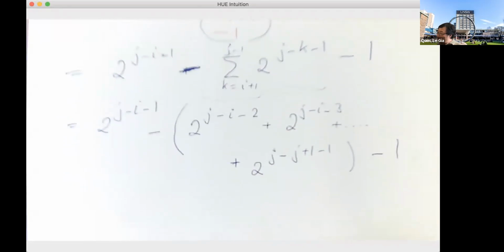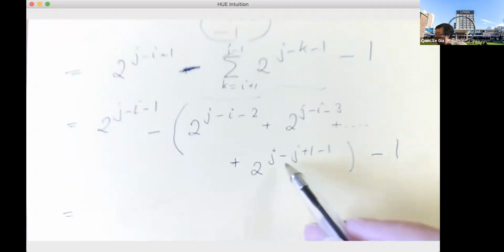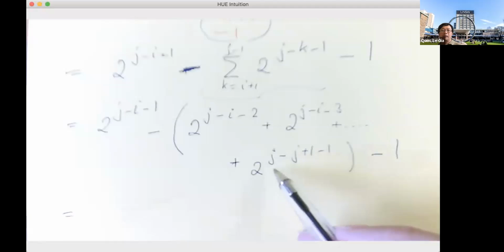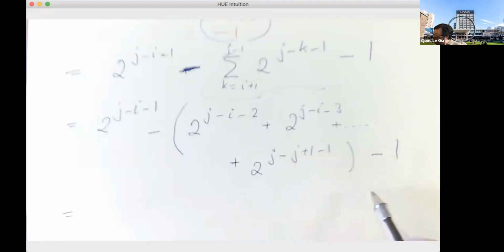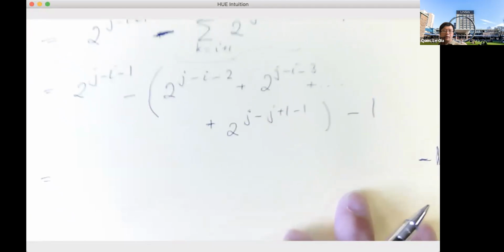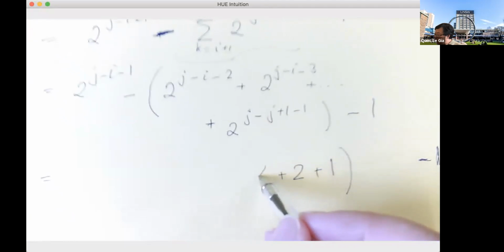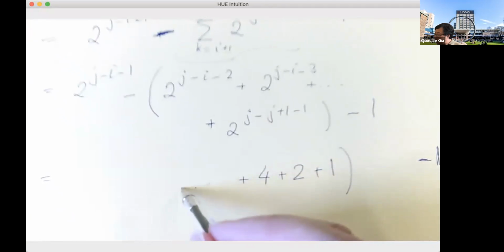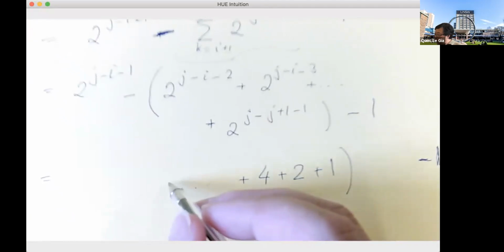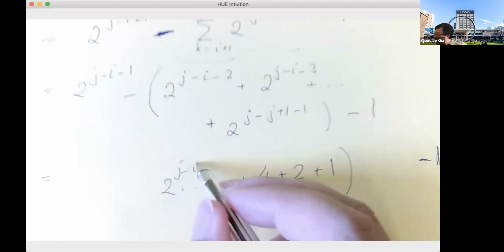And now if you look into this, the last term is just 1, right? So 2 to the 0, so 2 to the 0 is 1. So you have a -1 outside here, very far away here, but inside the bracket, yeah, you should just have 1 plus 2 plus 4 plus up to 2 to the J minus I minus 2.